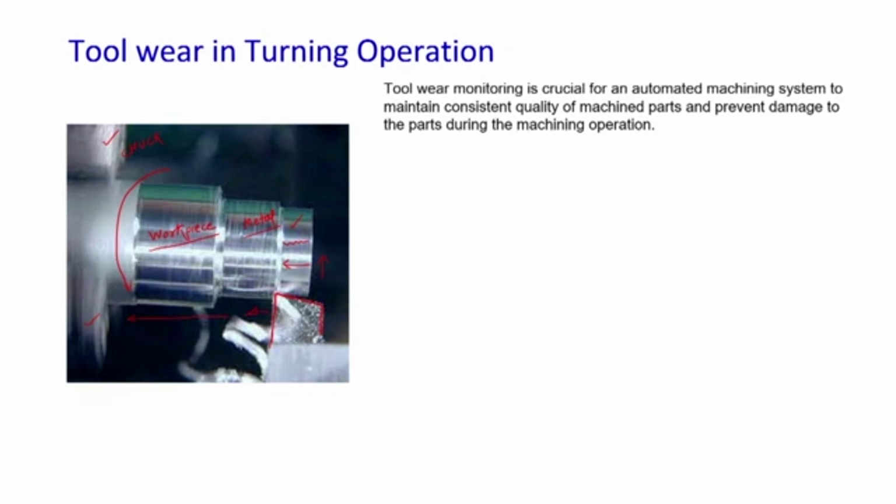So, by looking at the machined portion, we can easily notice whether there is a problem with the tool geometry or not. Tool wear monitoring is therefore crucial for an automated machining system to maintain consistent quality of the machined parts and prevent damage to the parts during machining operation.